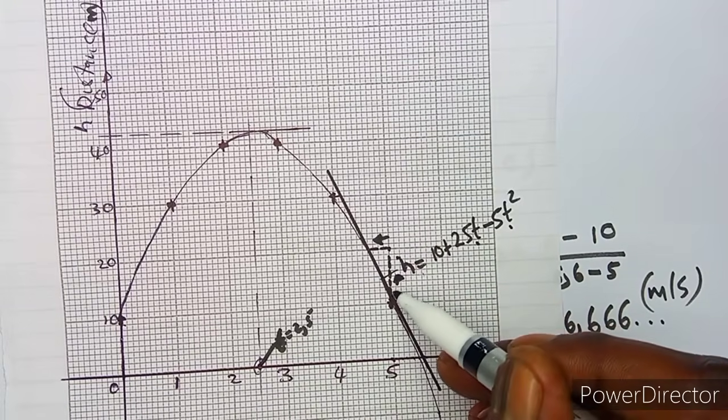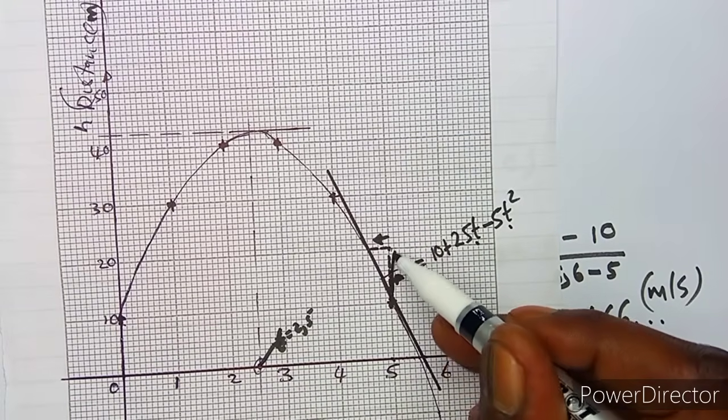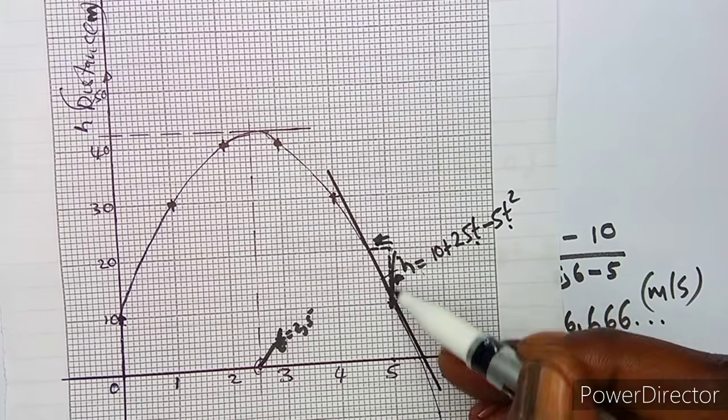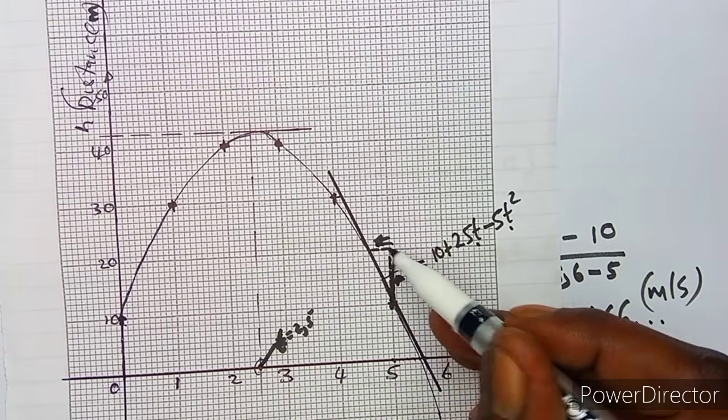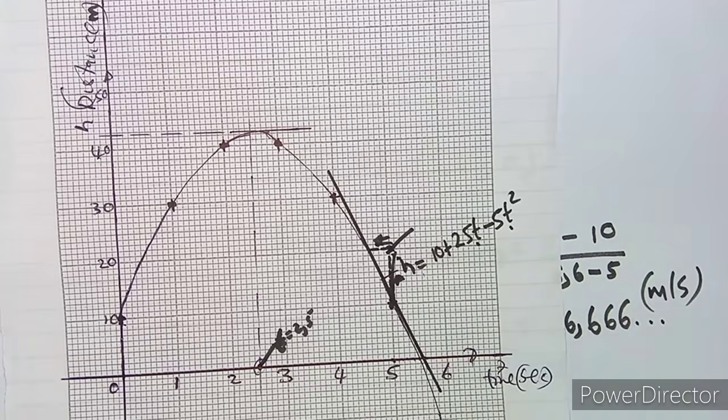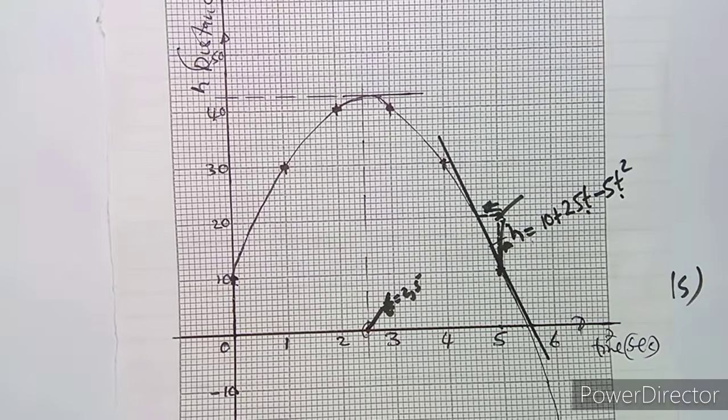So it's change in distance over change in time. That's velocity. So you can calculate the number of boxes over number of boxes. You must obtain something that is an estimate of the exact value. Okay, so that's how you do it.